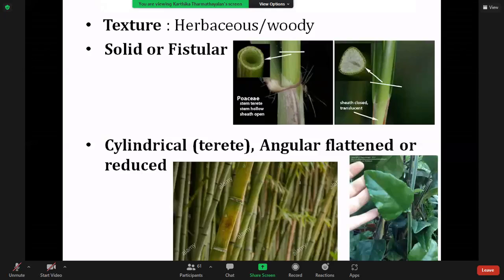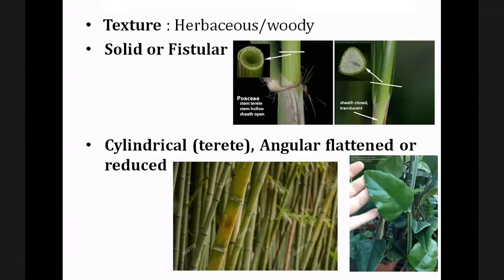The texture may be herbaceous or woody. Herbaceous means they are soft, non-woody stems. But woody stems have a hard texture. Another category is the solid stem or fistular stem.